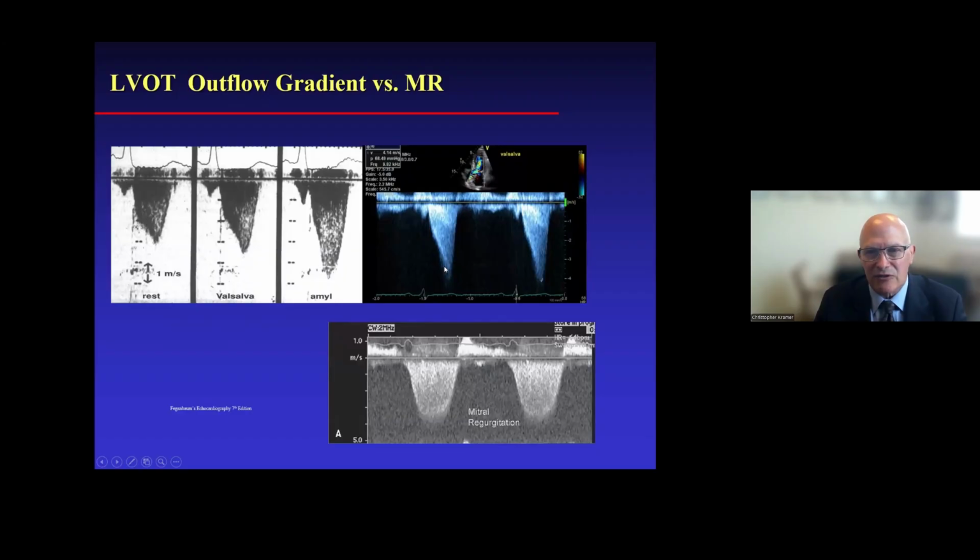This is the classic appearance of the late-peaking dagger-shaped envelope using continuous wave in the LV outflow tract. Again, it is important to differentiate that from mitral regurgitation, which tends to be holosystolic and round in shape, because many patients with HCM have, again, concomitant MR along with their LVOT obstruction.